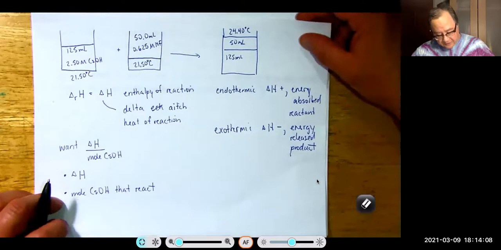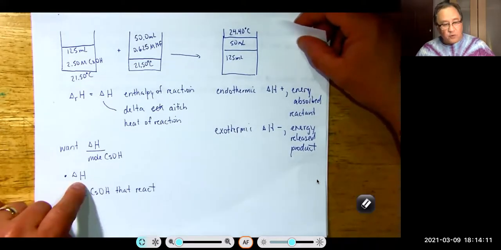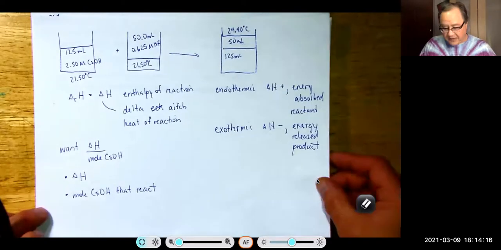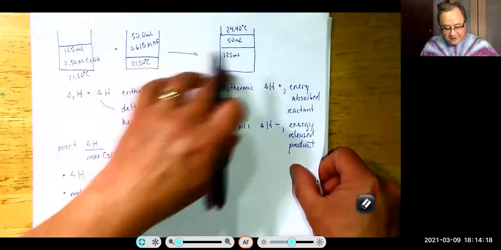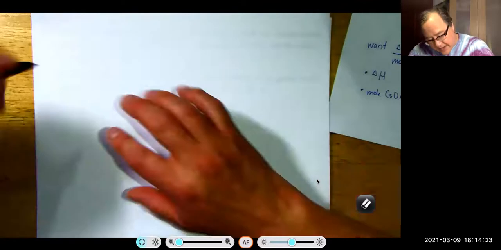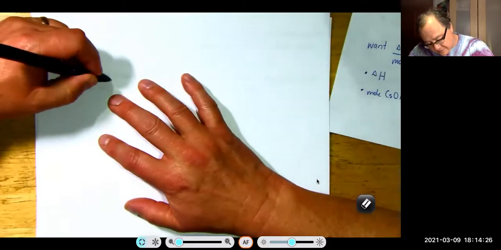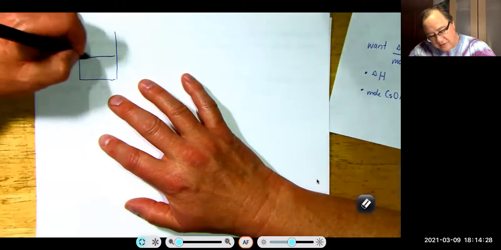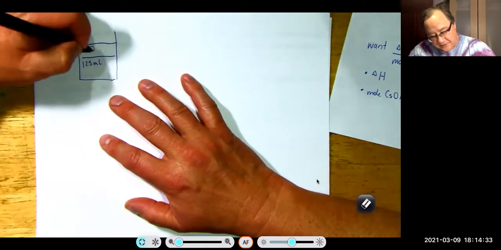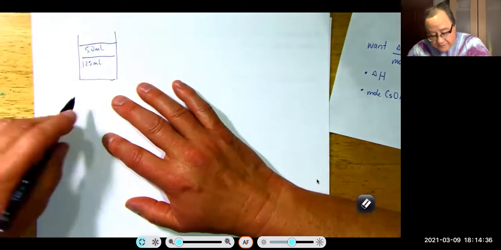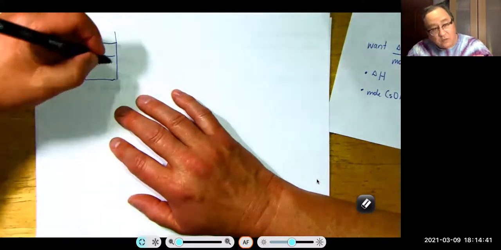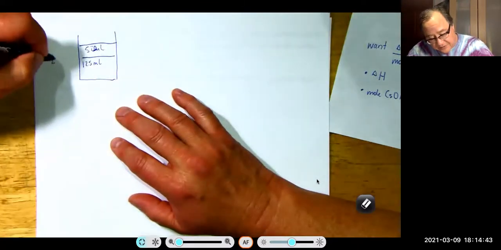To find the delta H, I'm going to simplify what we're looking at. I'm going to put this sheet off to the side and redraw this so that we have 125 milliliters and 50.0 milliliters, both at 21.50 degrees Celsius.